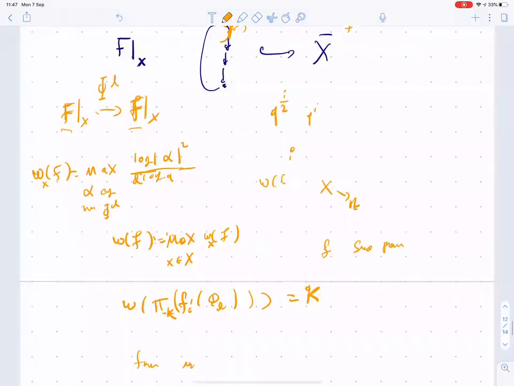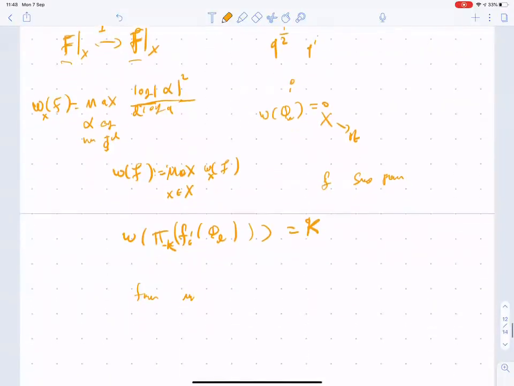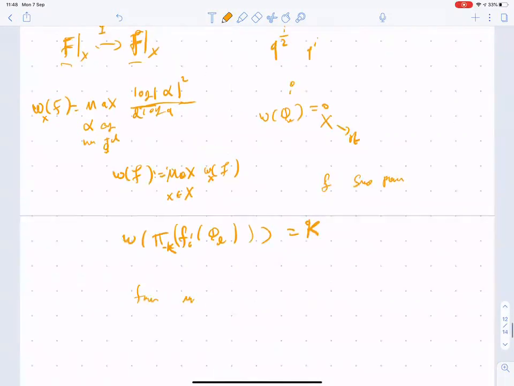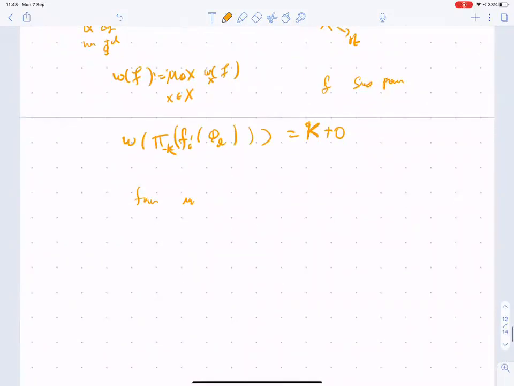So W of the trivial sheaf is 0, okay? So really, the general statement is just going to be that the minus K homotopic group of F lower Schrick can at most increase my weight by K. So I'm going to think about this K as K plus 0. So what is the statement?